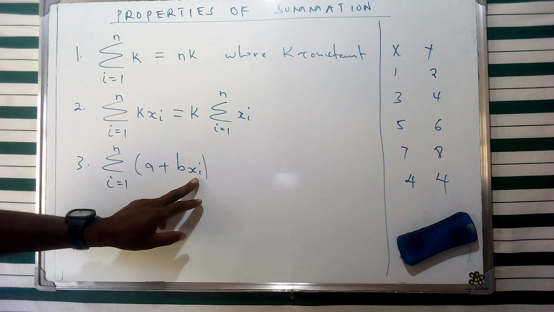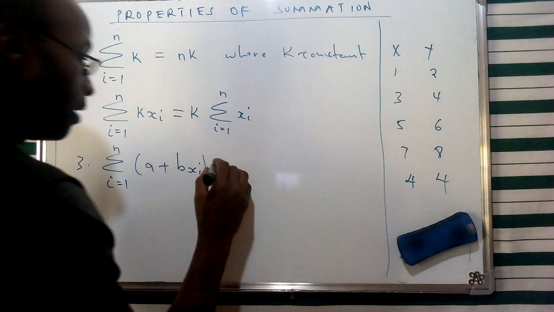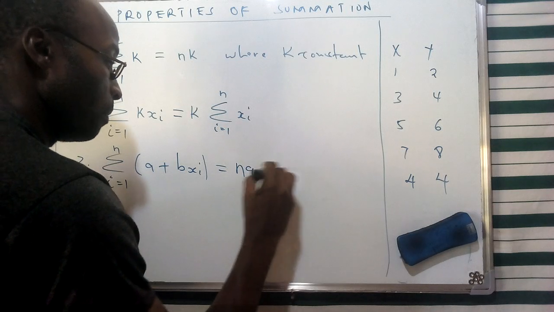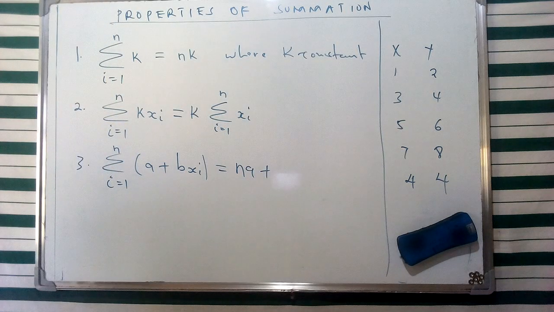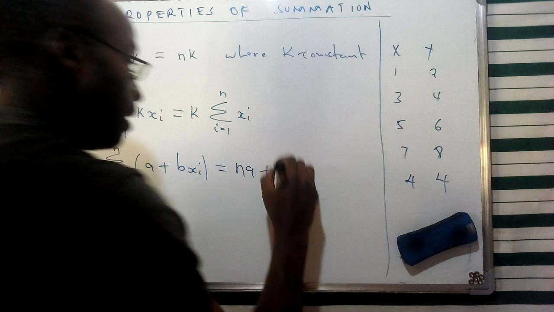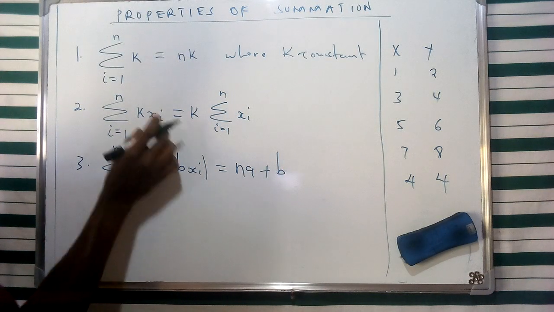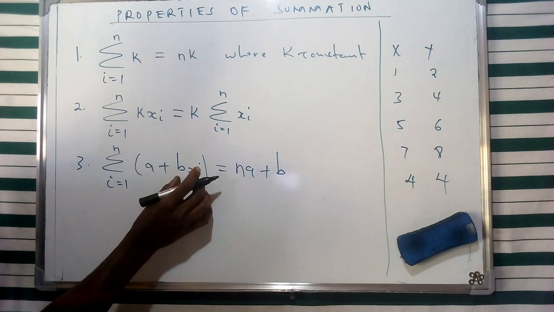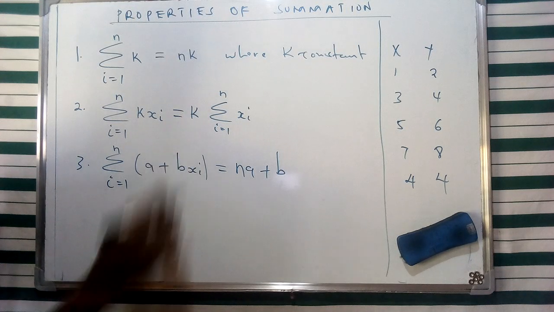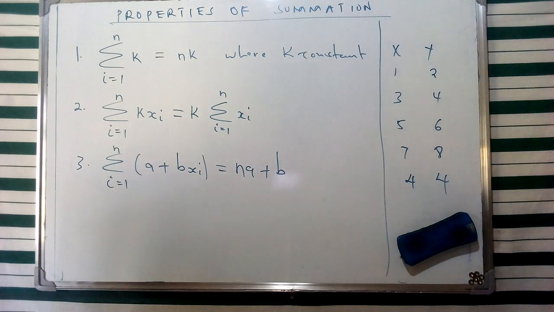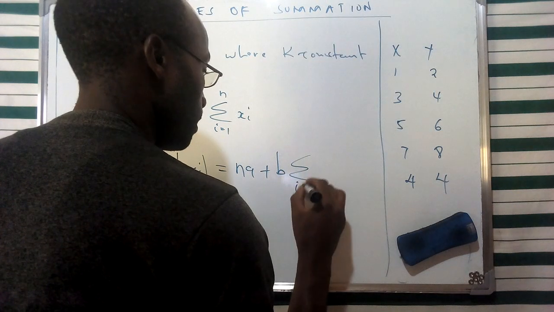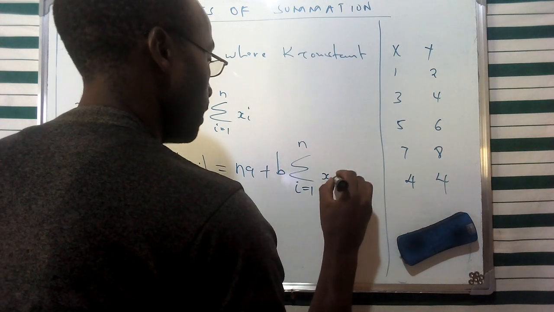This is going to be given as the sum of n a plus the summation of this specific value. The second aspect of this value is analogous to the previous one, so we're going to treat b as a constant and bring it out of the summation sign. And the rest is going to be represented as the summation of xi, given as such.